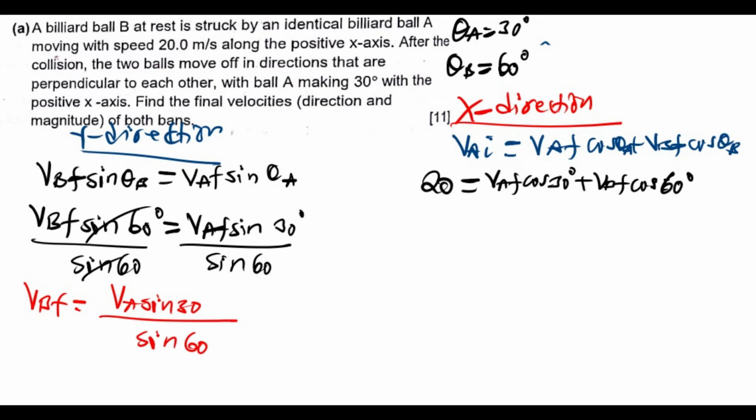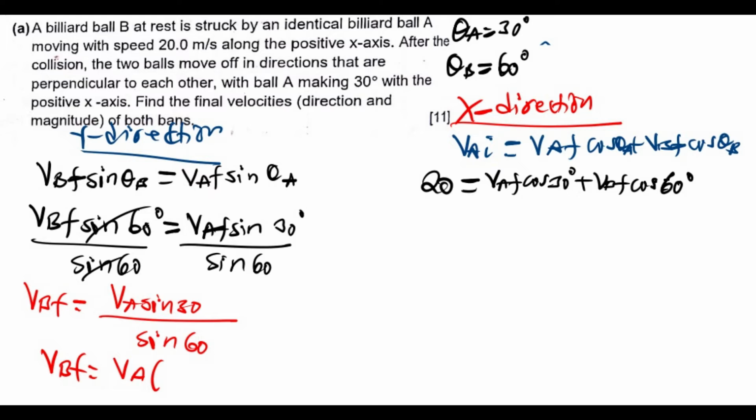To make things simple, we can just work out what sine 30 divided by sine 60 is. So now we are going to have VBF is equal to VA final.